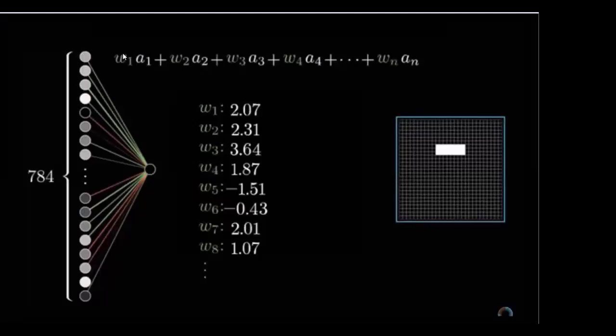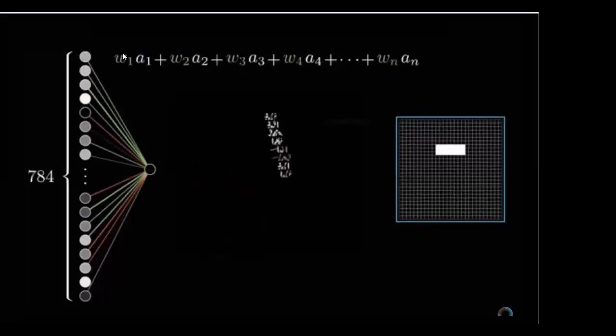I find it helpful to think of these weights as being organized into a little grid of their own, and I'm going to use green pixels to indicate positive weights and red pixels to indicate negative weights, where the brightness of that pixel is some loose depiction of the weight's value.